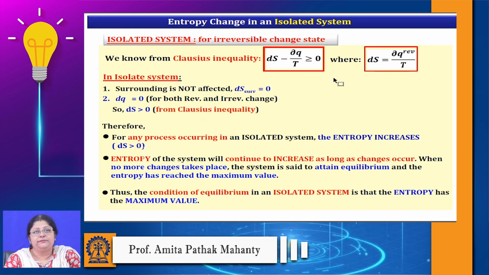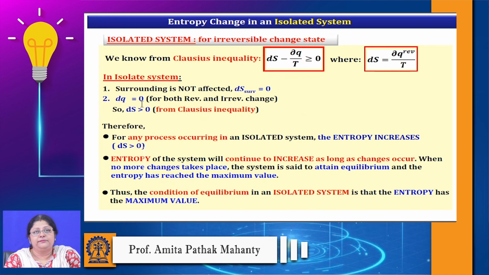So what we have discussed just now is that the entropy change of the surrounding for an irreversible process will always be increasing. For an isolated system, the surrounding is not affected, so dq for a reversible process or irreversible process can be taken to be 0.